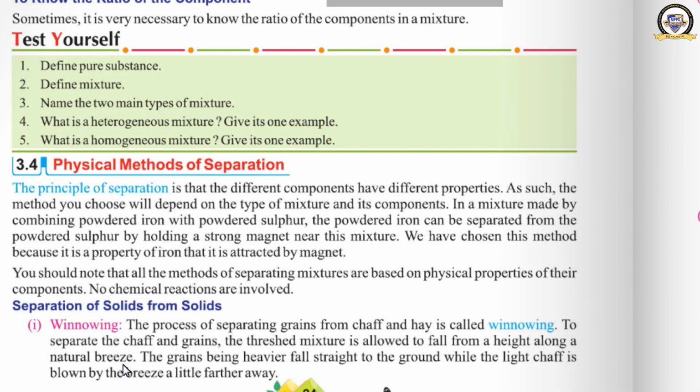Why? Because the grains, being heavier, fall straight to the ground while the light chaff is blown by a breeze a little farther away. Thus, the chaff and grains are separated. So winnowing is the most common and easiest method to separate solids from solids.